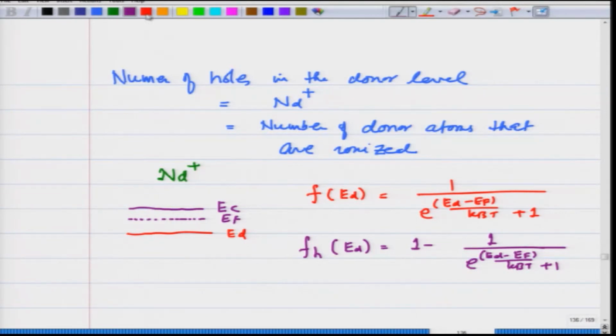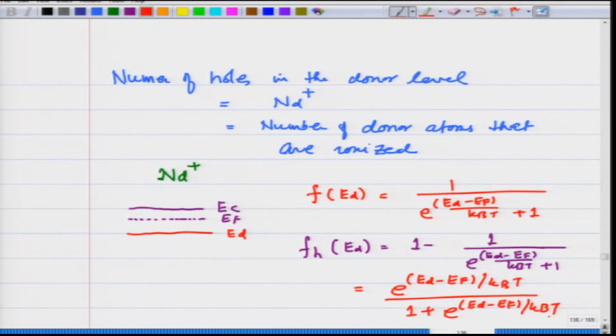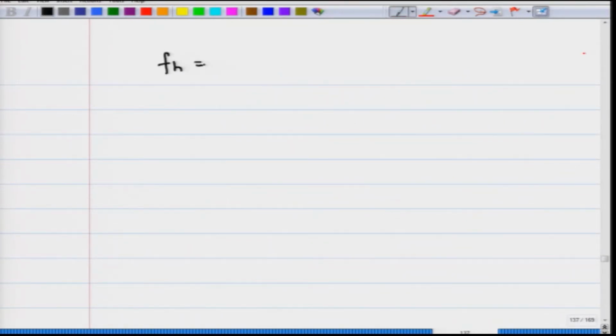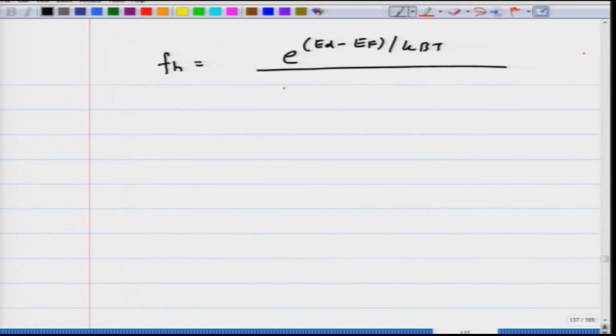So, this is equal to e raised to (Ed minus Ef) over kBT, over 1 plus e raised to (Ed minus Ef) over kBT. So, I get Fh, which is e raised to (Ed minus Ef) over kBT over e raised to (Ed minus Ef) over kBT plus 1.